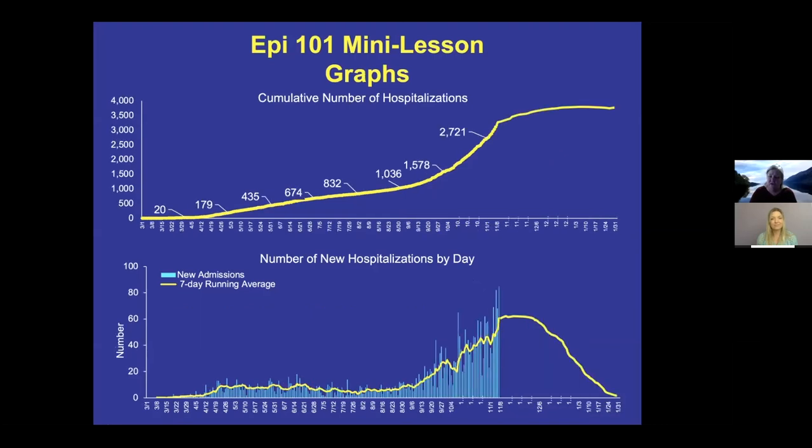And here, I drew this by hand, so I apologize for looking a little odd, but I just wanted to show you what's going to happen when the cases, or the number of hospitalizations, start declining. So here, this 7-day running average will start to fall, and then it eventually will go down to 0 when this is all over. And what will happen up here is that, because it's the cumulative or the total to date, it is never going to drop down.